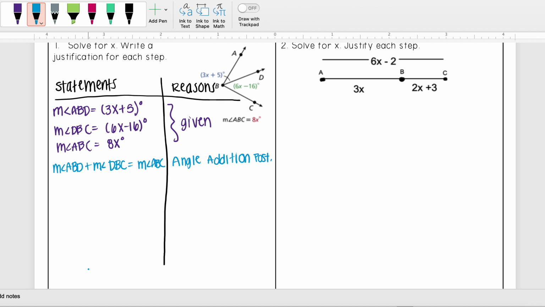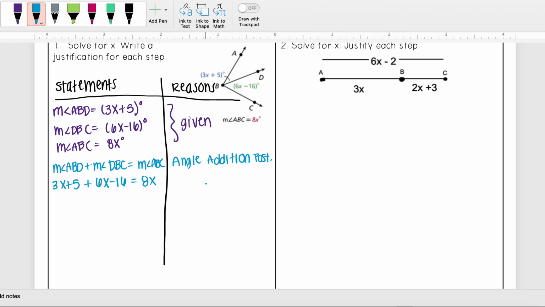Well, I'm wanting to solve for x, so now I can go ahead and actually substitute in my values for those. Well, I know that measure of angle ABD is 3x plus 5, so I'm going to put 3x plus 5 in for angle ABD. DBC is 6x minus 16. And then ABC is 8x.